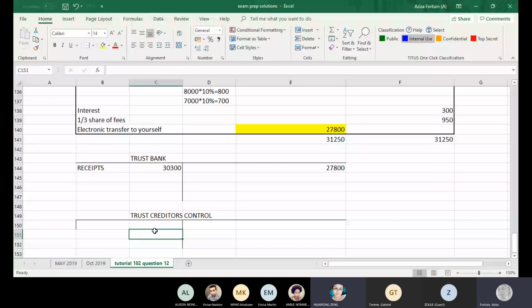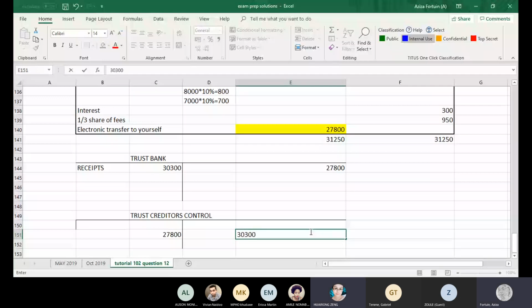Trust creditors, we just do the reverse way. We credit 30,300 rand and we debit 27,800 rand. And the balancing figure here?